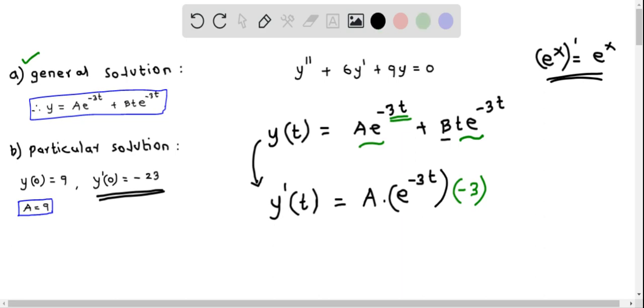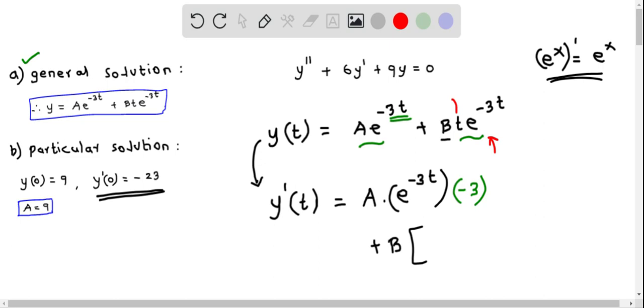So let me put, we have b, and then I put a square bracket since I'm going to find the derivative using the product rule. So I consider the first term, that is t, as the first term, and the second term e raised to the power of negative 3t.